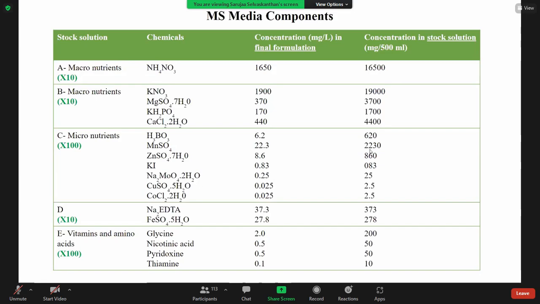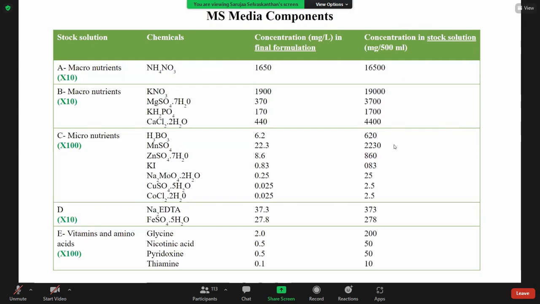Then if it is 6.2 multiplied by 100, 620 milligram is present in 500 milliliter. These are the things we have to measure and dissolve in 500 milliliter. Just forget about the media preparation; here, this is the stock solution preparation.